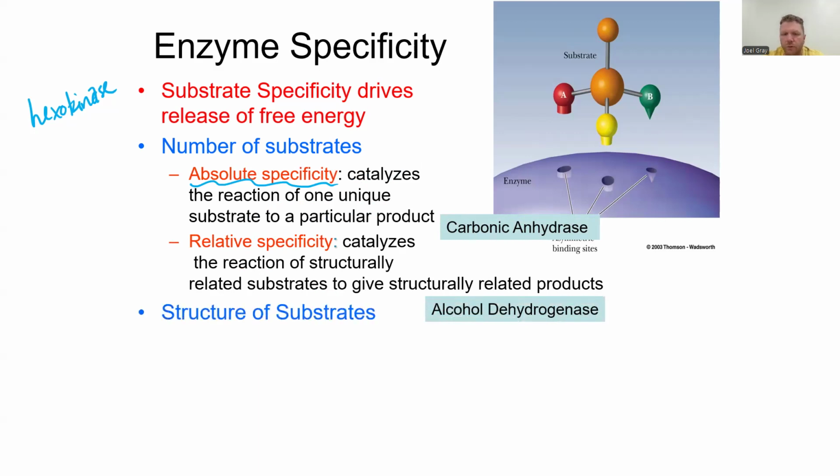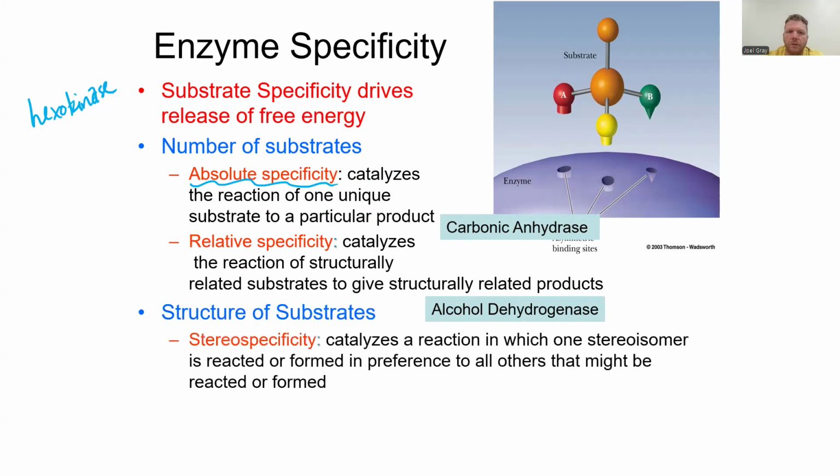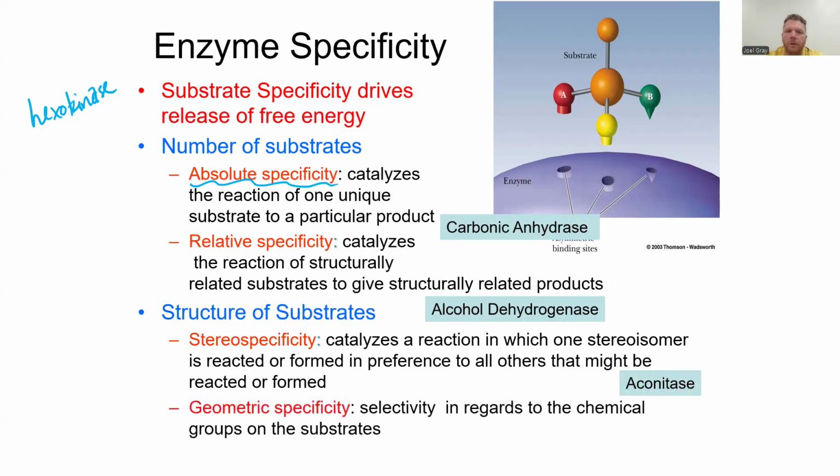The structure of those substrates is important. Stereospecificity catalyzes a reaction in which one stereoisomer is reacted or formed in presence of all others that might be reacted or formed. Geometric specificity, selectivity in regards to the chemical groups on those substrates. So knowing these definitions and these terms is going to be valuable.